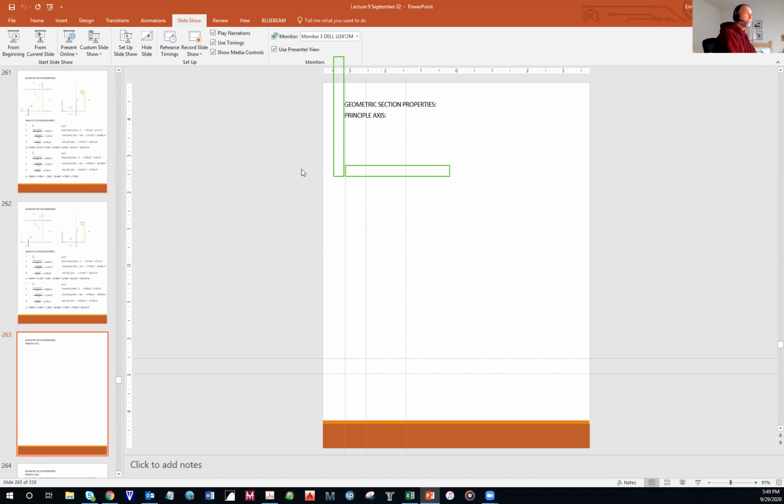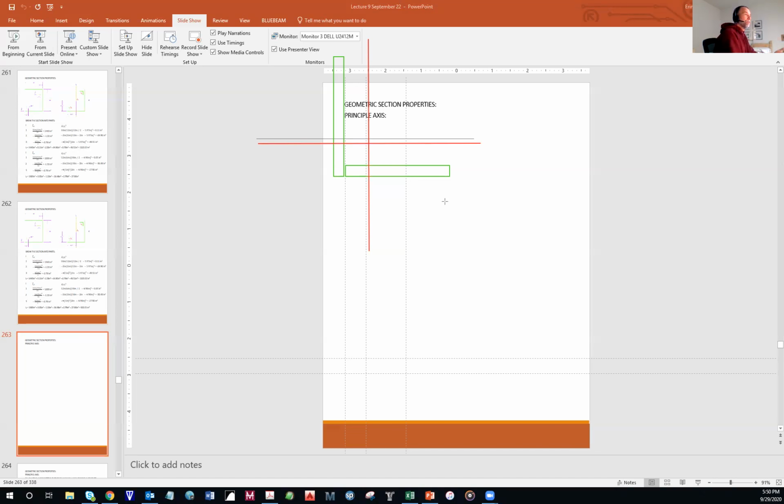And so if you use this sort of section as a beam, like a lintel beam, and you assume that this is going to be bending about an x-axis, if I have an x-axis and a y-axis, and you assume that this is going to be bending like a beam about the x-axis, then you would have a moment of inertia that you would calculate about the x-axis.